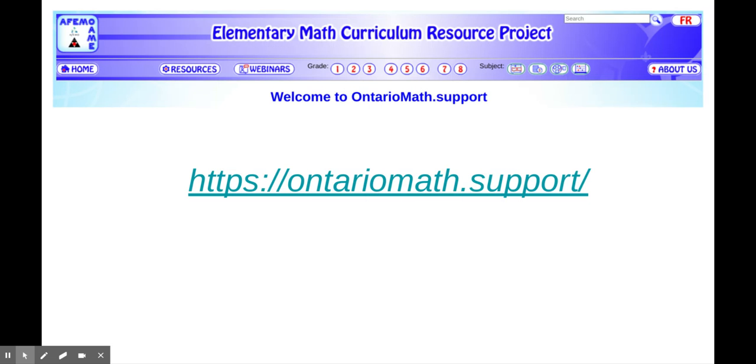So if you're looking for resources to support this learning, a really good resource that is brand new is the OEME Ontario Math Support. And if you go there, you'll find lots of useful information, but also specific lessons for grade 7 and 8 that are totally fleshed out with all the resources.